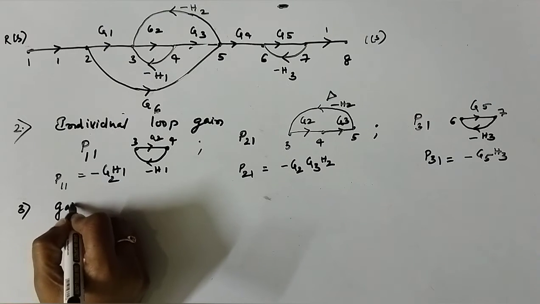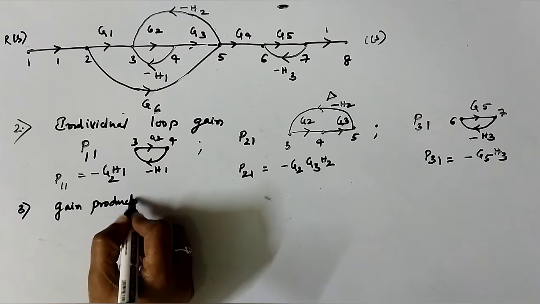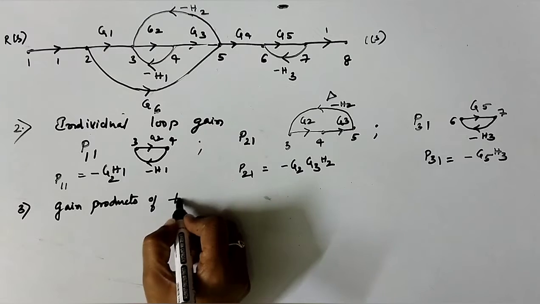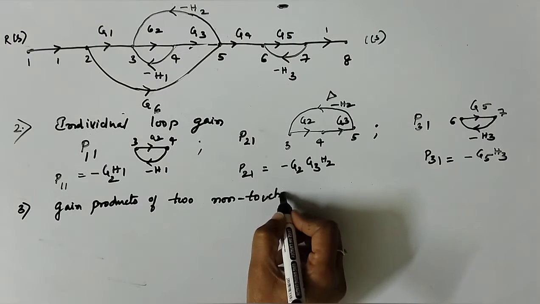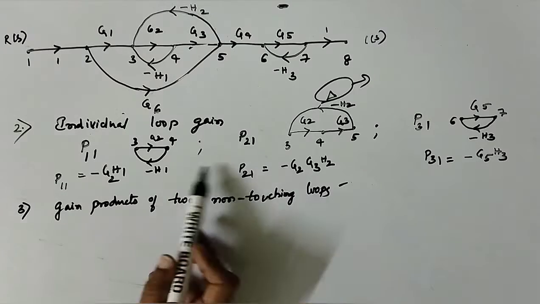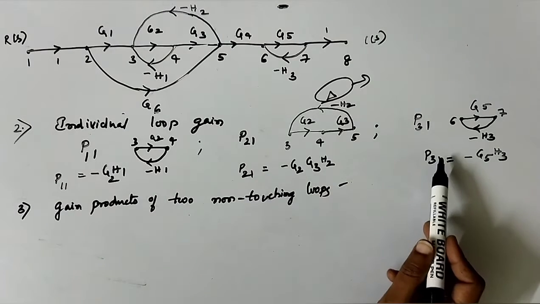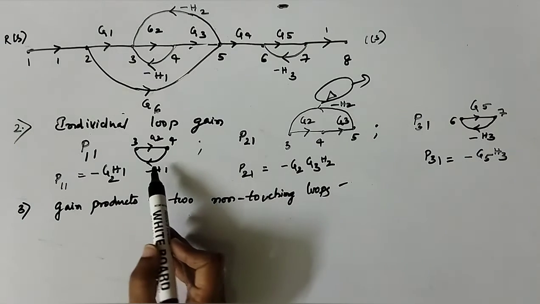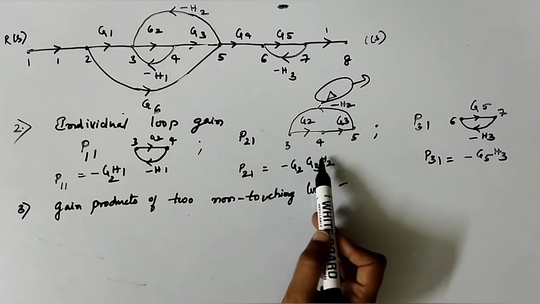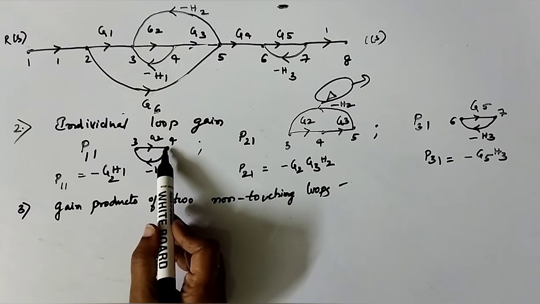Gain products of two non-touching loops. These are the individual loops. From these combinations itself, you can find out the two non-touching loops. Now if you observe this loop and this loop, you have 3 and 4.